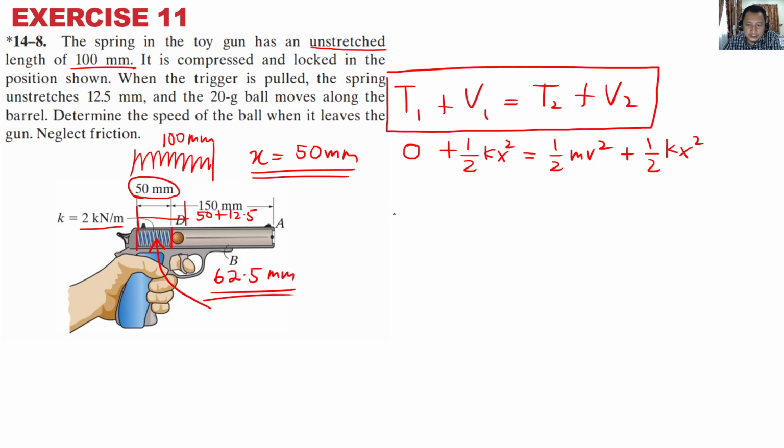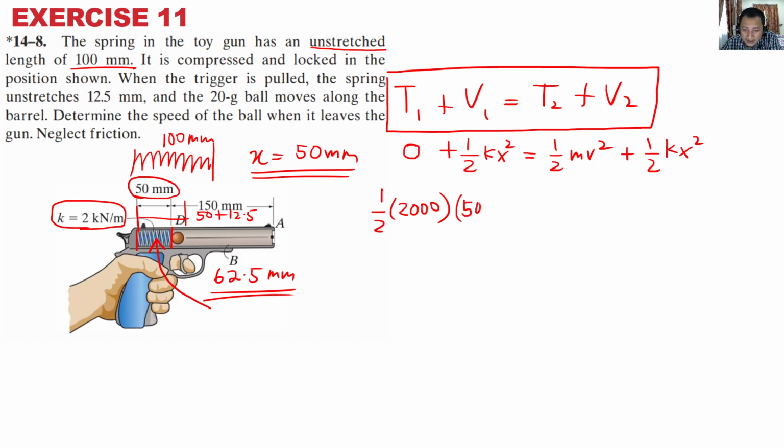Spring's original potential energy setengah K berapa? 2 kilonewton per meter. 2000 times elongation 50 mm. Right?